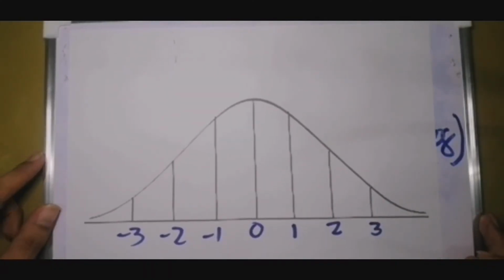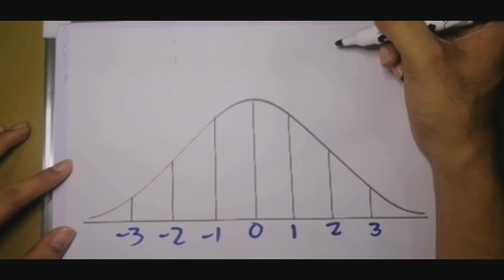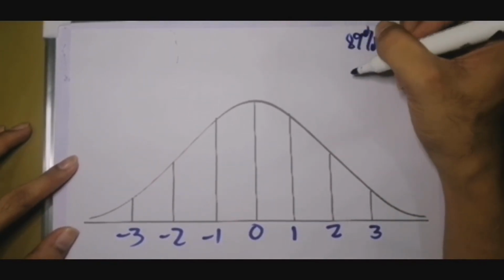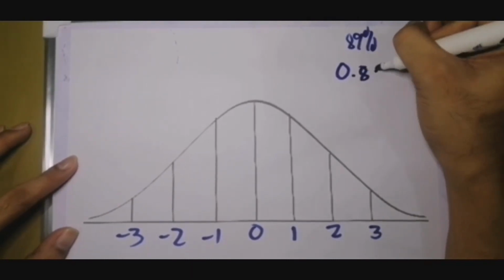So to illustrate the 89th percentile of the normal curve, these are the steps. First, express the percentage as a probability. Remember that 89% is equal to 0.8900.